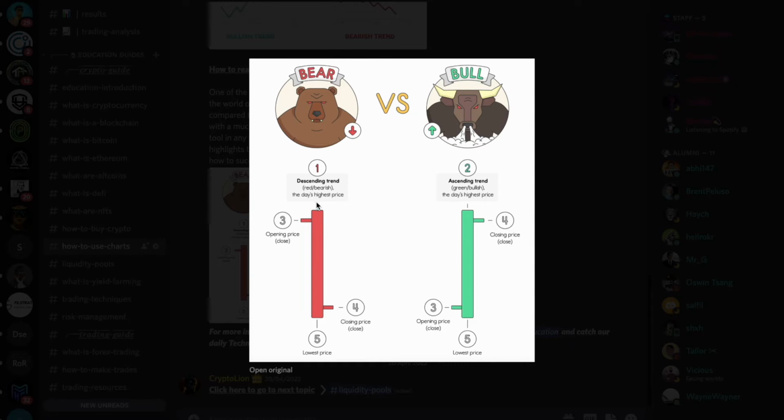So a candle that's moving up is bullish. It shows you the opening price from where it dipped, and then its closing price on a bearish move. So the lowest price will be shown here, so you can see the movement there.